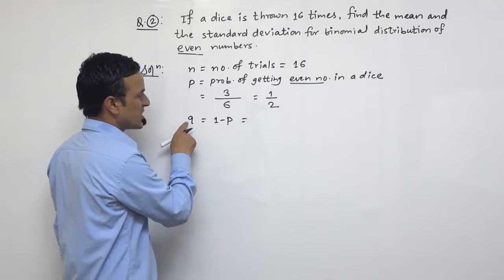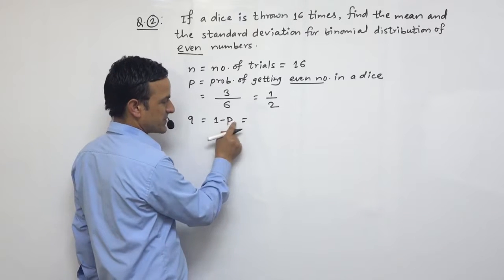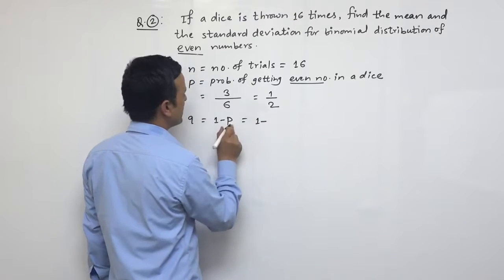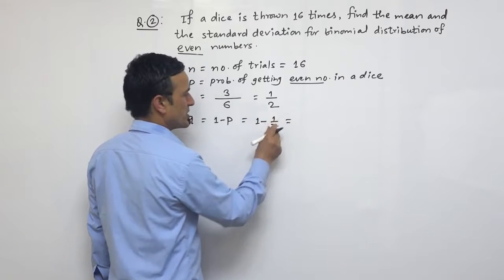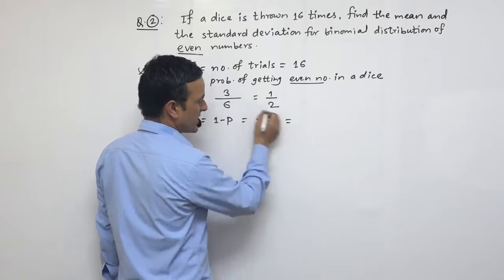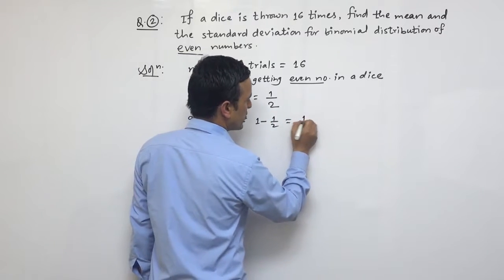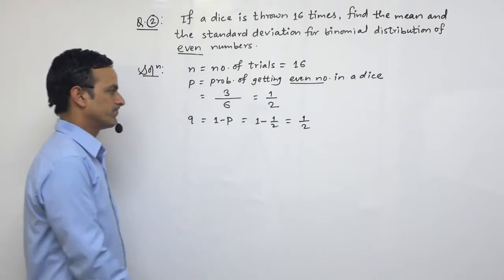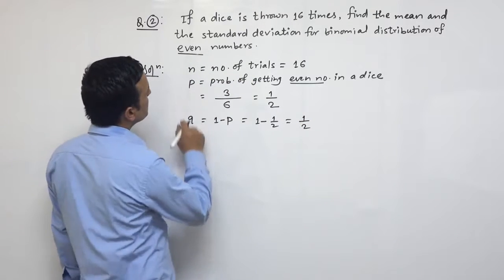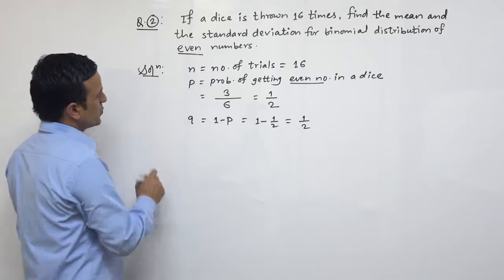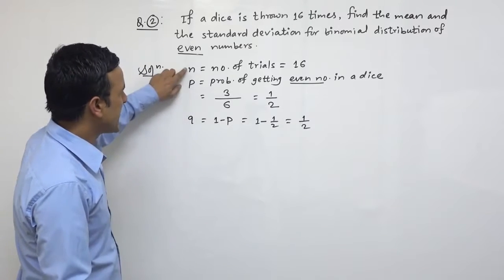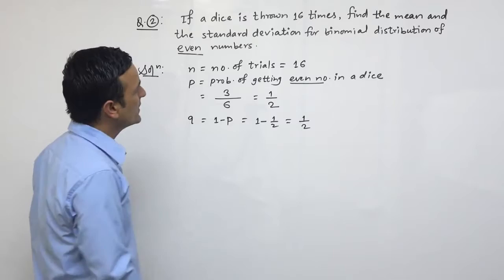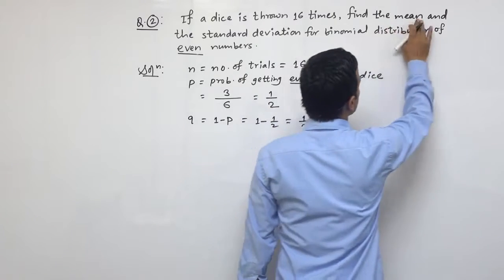The value of p is 1 by 2. Just put it down, and when we solve it, we get 1 upon 2. So we are able to find the values n, p and q, and our target is to find the mean.